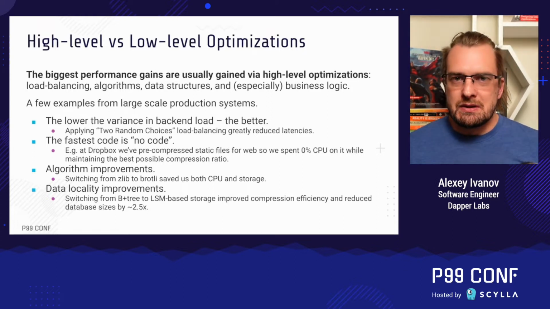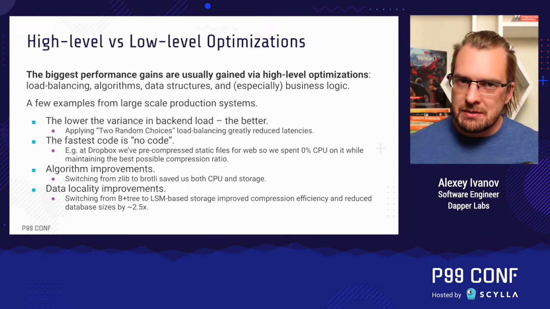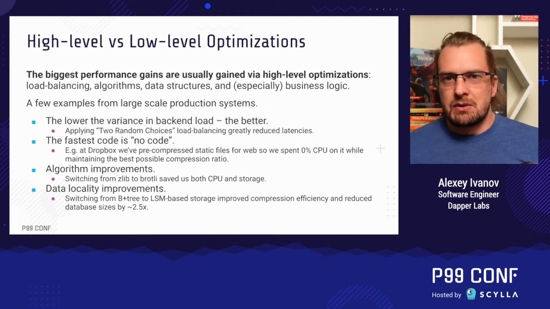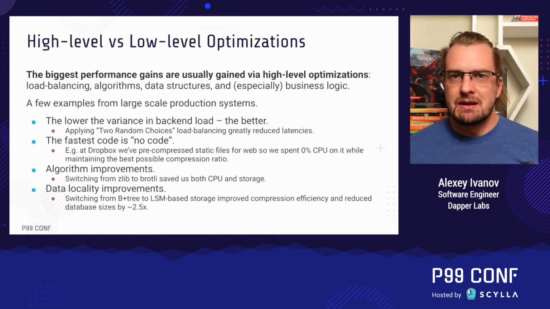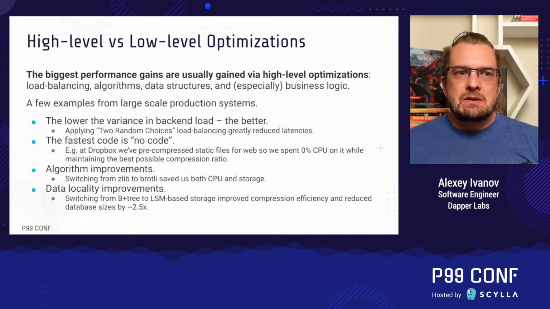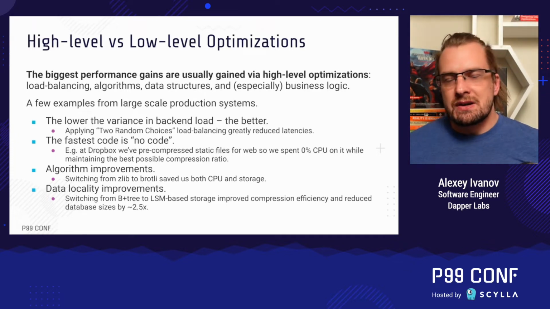A couple of examples of the things we did in our production system. Optimizing the load balancing algorithm gave us hundreds of milliseconds of better response time. Getting that on lower levels is pretty much impossible. Or we did work asynchronously out of hot paths, like pre-compressing assets for our website.